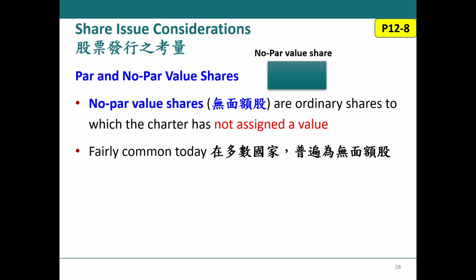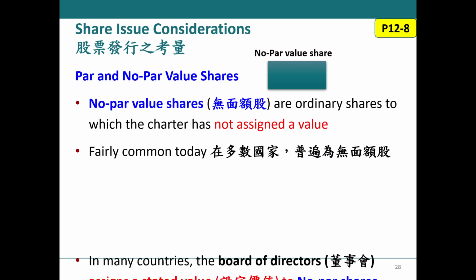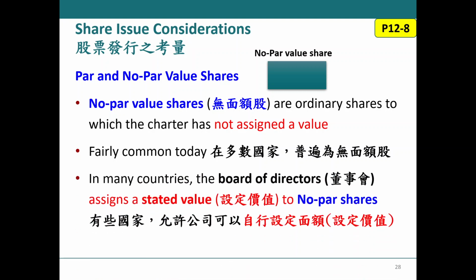But if you want to give them some number, could you do that? Yes, you could. Based on no par value shares, if you want to give them some specific value, you could. We call it static value. Static value means you decide some specific value by yourself.